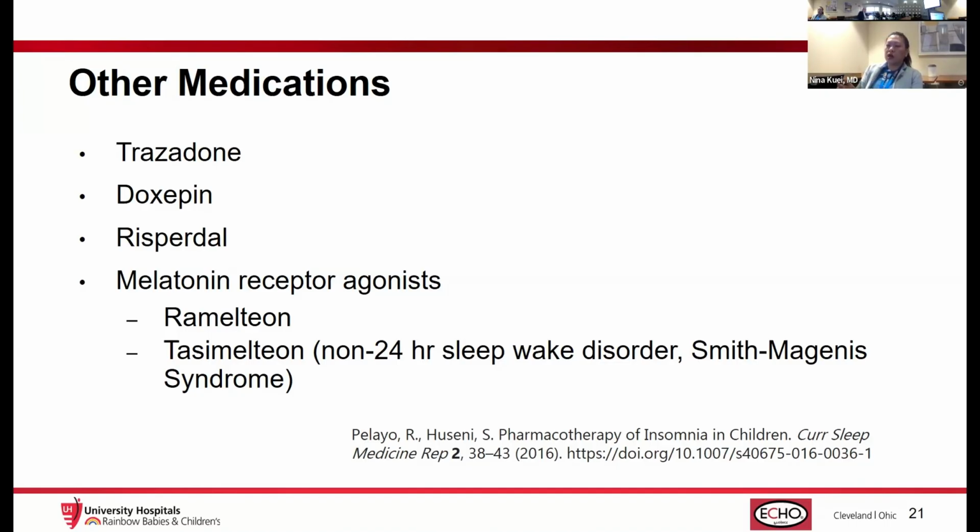You have Ramelteon, and none of these are FDA approved for people under 18, but Ramelteon is FDA approved for 18 and above for delayed sleep circadian rhythm disorders. Tasimelteon is interesting because it's specifically FDA approved for non-24-hour sleep-wake disorder, as well as Smith-Magenis syndrome. We know there are a lot of genetic syndromes that have an overlay with autism spectrum disorder as well.